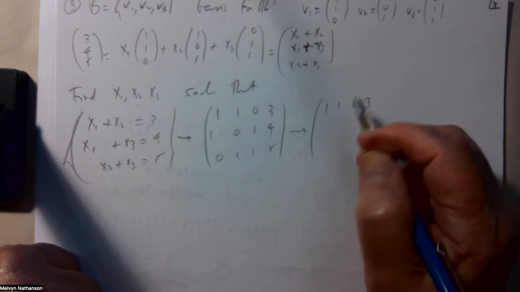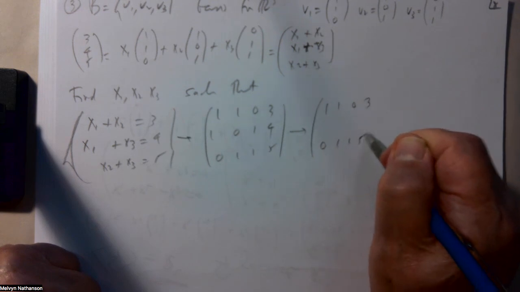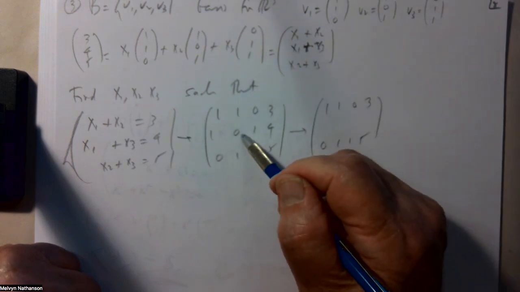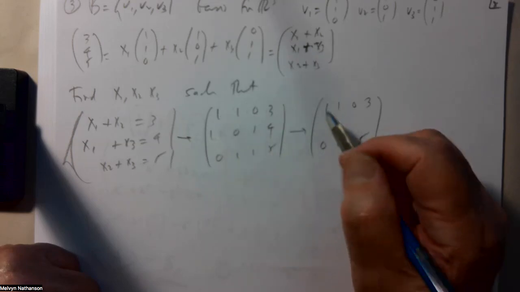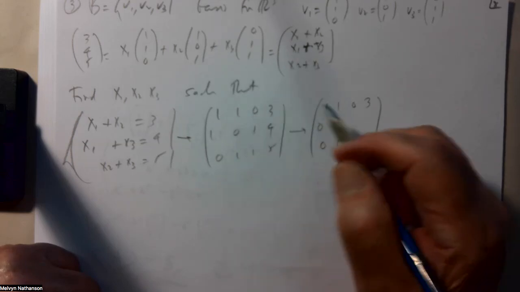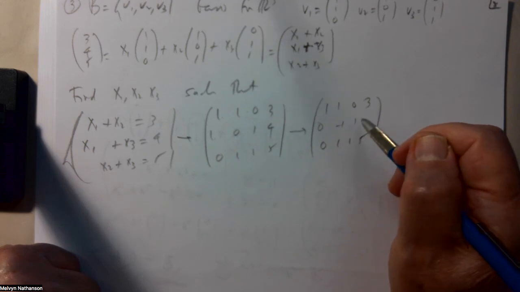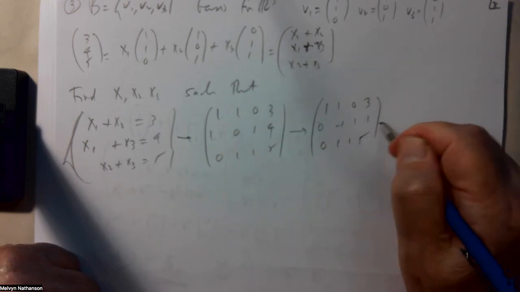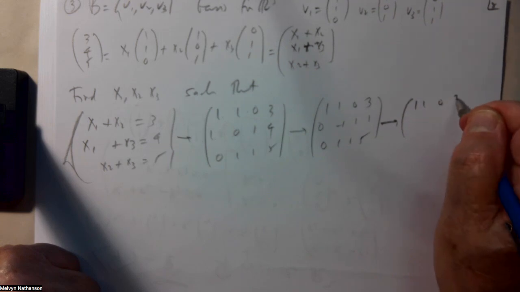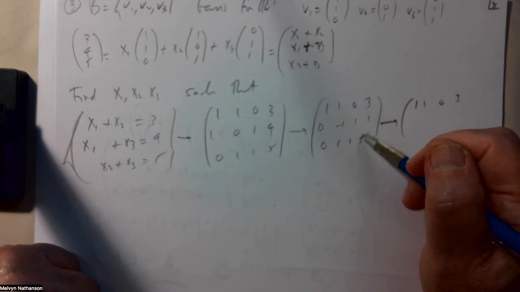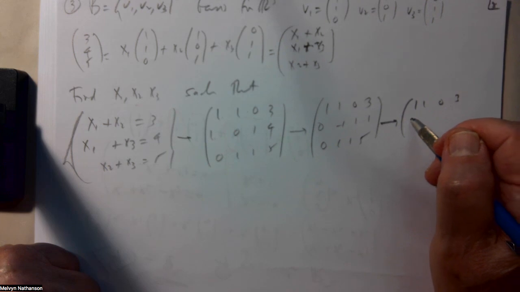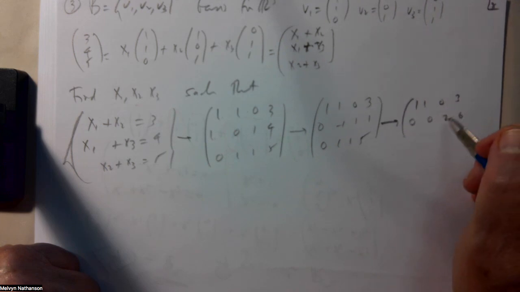If I take the second row minus the first row, I get 0, -1, 1, 1. If I add the third row to the second row, I get 0, 0, 2, 6. And this is my third row.